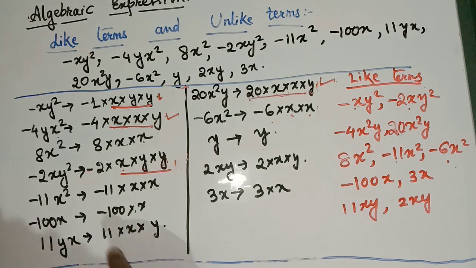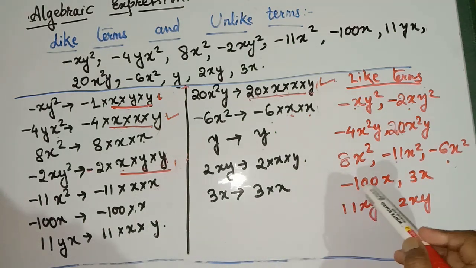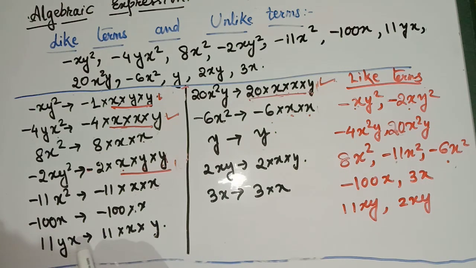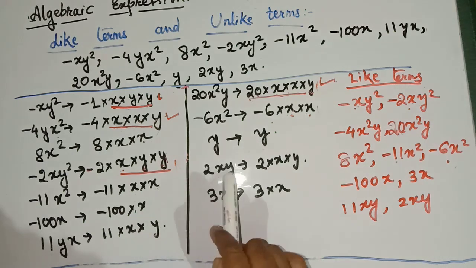Now similarly, minus 100x. So minus 100 into x, and here 3 into x. These two are the like terms. So minus 100x and 3x are the like terms. Similarly 11yx, you write in alphabetical order as 11 into x into y, and here 2 into x into y, these two terms are matching.